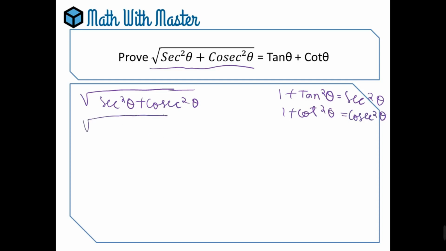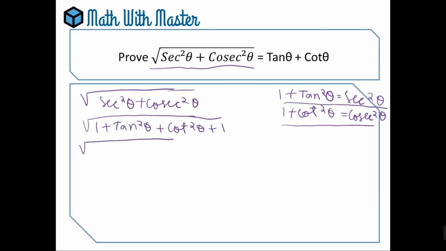Then we can replace them. Sec square theta as 1 plus tan square theta, and cosec square theta as cot square theta plus 1. We have replaced by this and by this. And now tan square theta plus cot square theta plus 2.